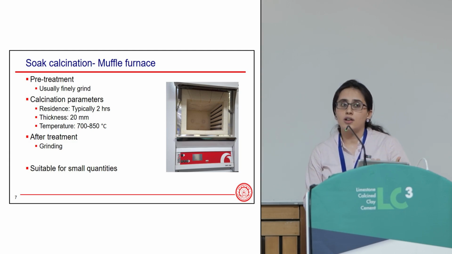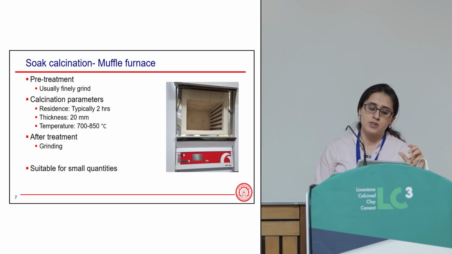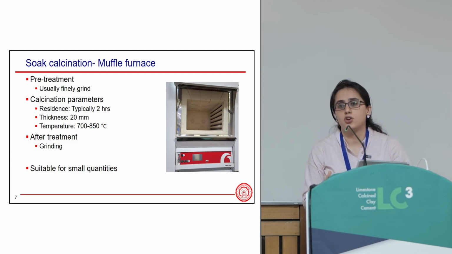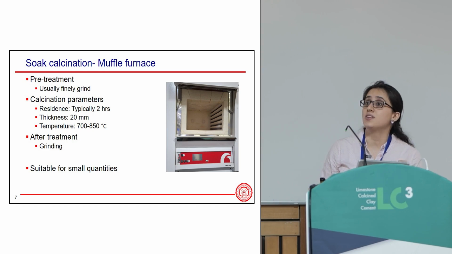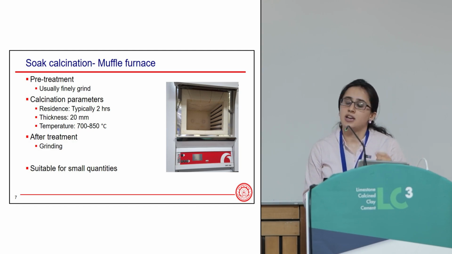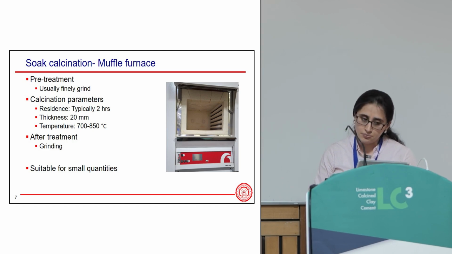Overall, your clay will not be properly calcined. So the thickness should be limited to 20 mm, and we keep a residence time of 2 hours, and we found that with a residence time of 2 hours, we are able to achieve uniform heating in our sample.